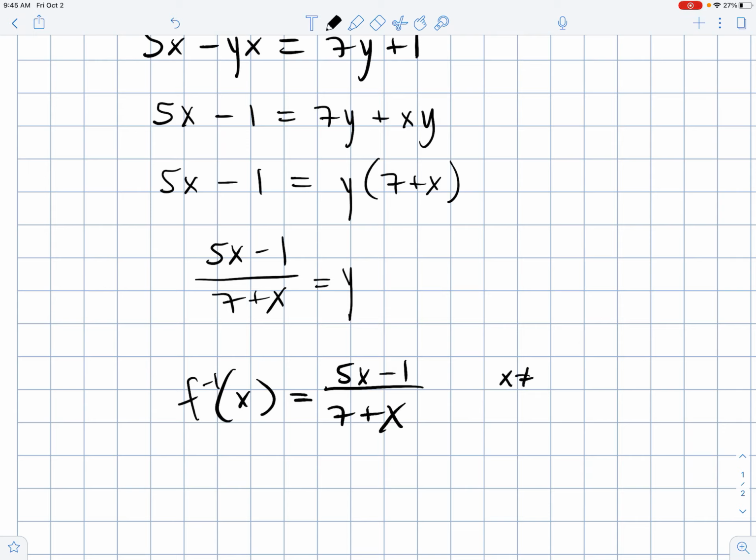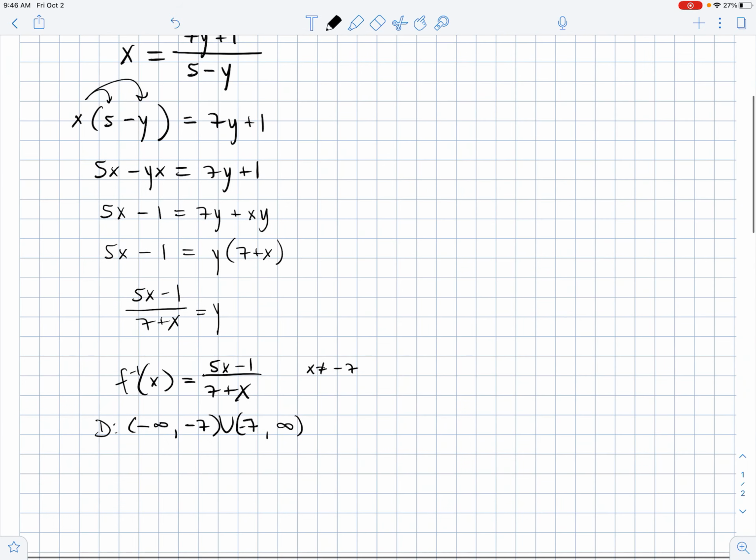And you can see x can't be equal to negative 7. So the domain of f inverse, which is just another function, we're calling it f inverse to represent the relationship to that original function, is negative infinity to negative 7 union negative 7 to infinity.